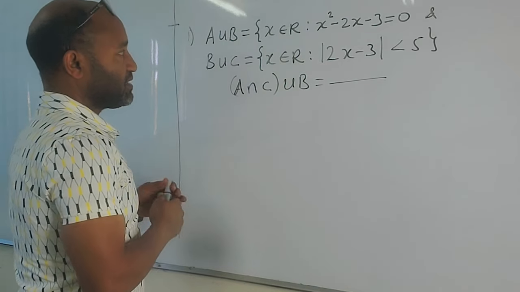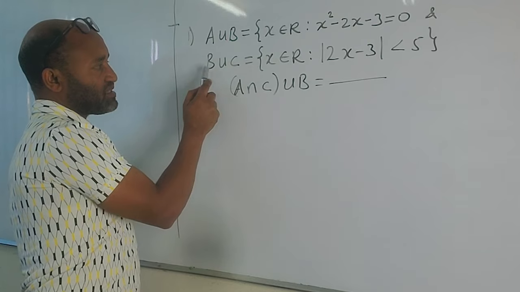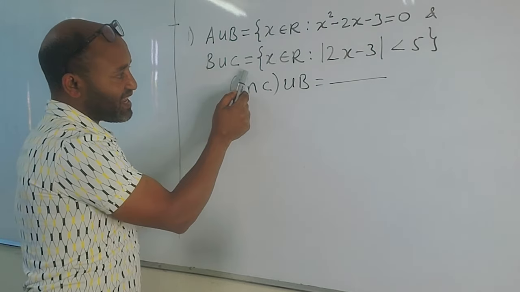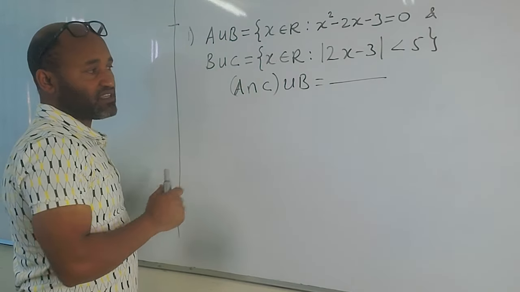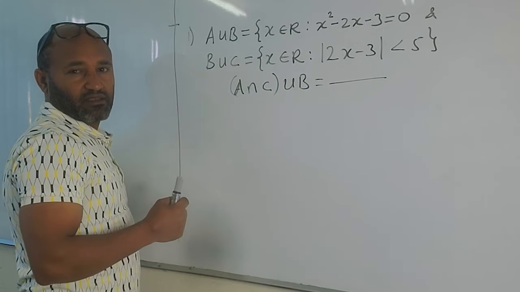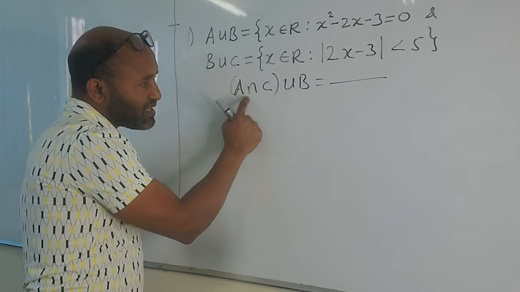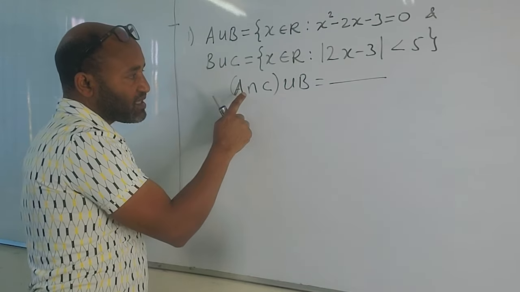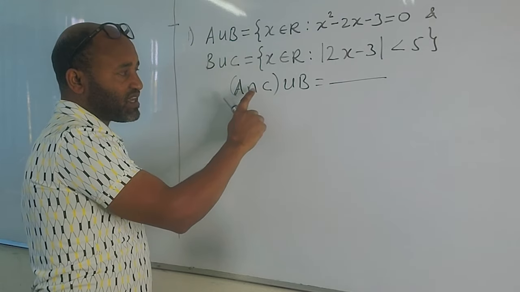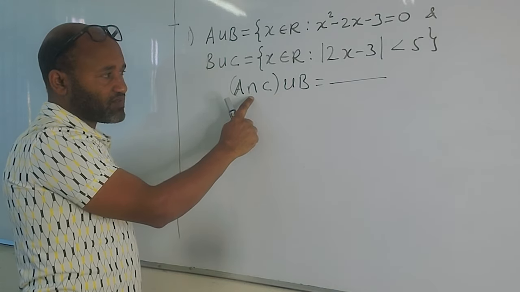Now look, the given A union B, the given B union C. The claim is A intersection C union B. So immediately we have to see that distribution of union over intersection, what it will give us.